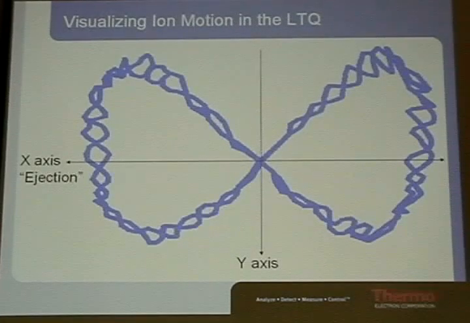Okay. Now, these are both cause and effect. What do I mean by that? If an ion comes into the trap hot with high kinetic energy, he has a large X displacement. And the helium cools him down, and what happens when he cools?